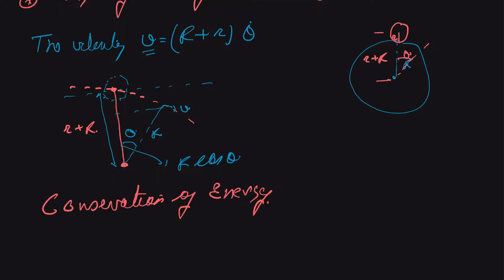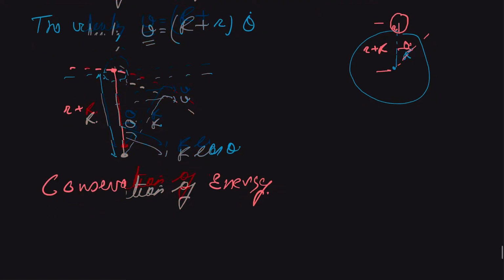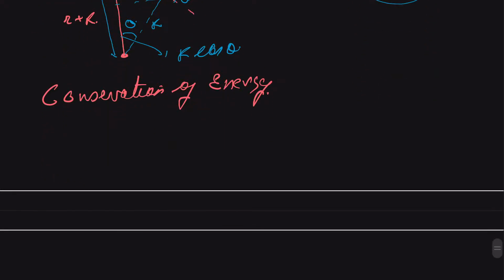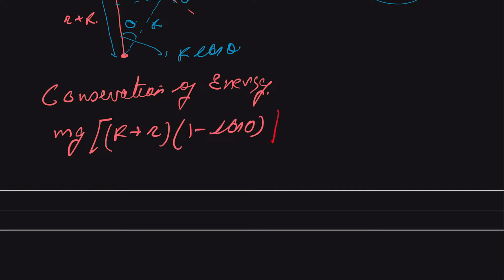One will be its linear translational, and the other one will be rotational. And therefore we can say the conservation of energy, we can write this will be equal to the decrease in the potential energy, that is mg, and we have this as (r plus capital R) times (1 minus cos of theta), will be equal to the translational plus rotational.